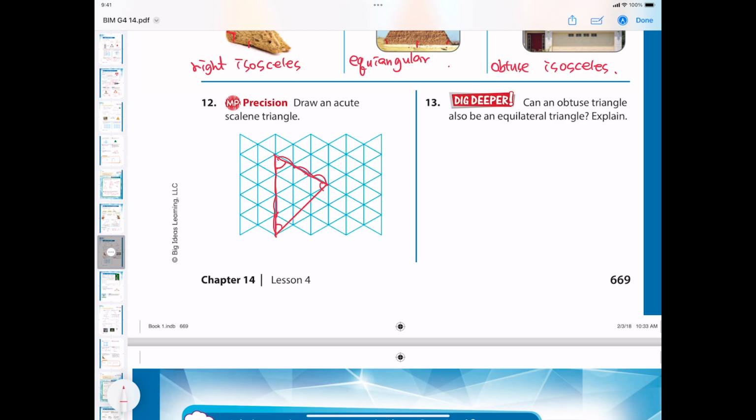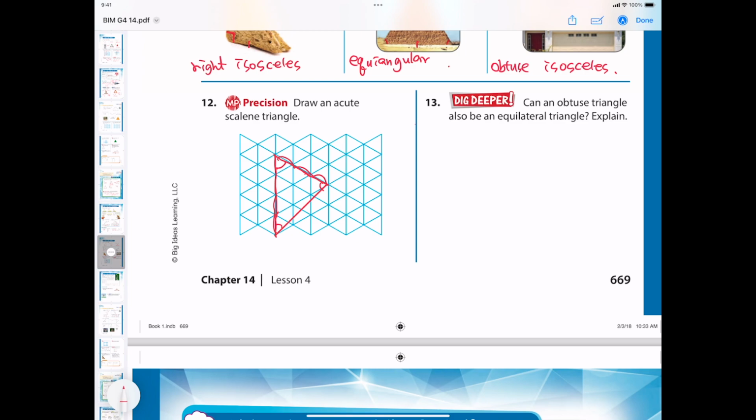All right, number 13. Can an obtuse triangle also be an equilateral triangle?